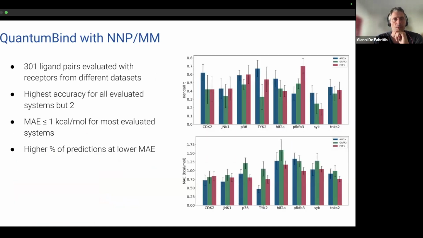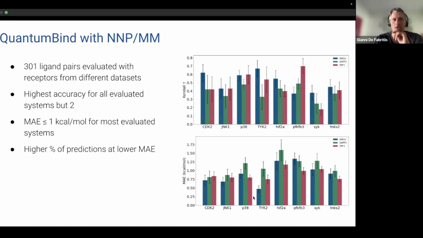We took 301 ligand pairs, did all the evaluations, and got super accurate performance. Here we show the Kendall tau as a correlation, but also MUE. You see that the blue is almost always lower.